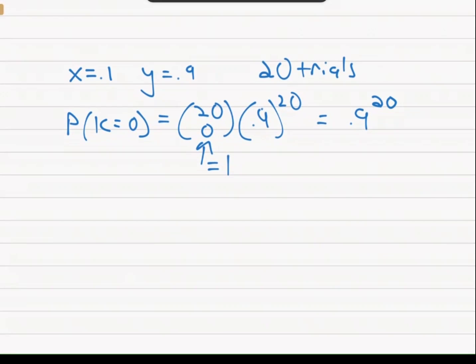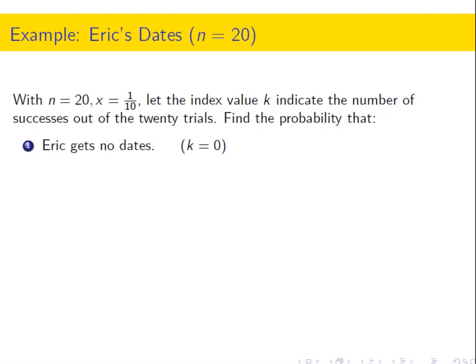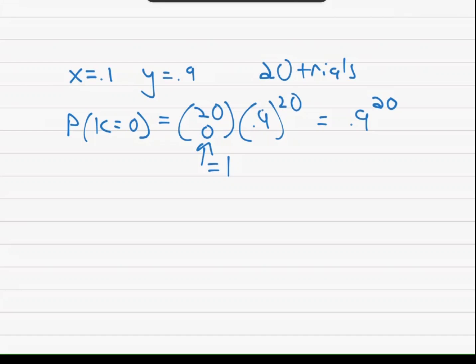Okay, so the next probability asked for is the probability that he gets at least 1 date. So that's the probability that k is greater than or equal to 1. Well, here we're going to use a summation, right? So the summation is going to take k from 1 up through 20.